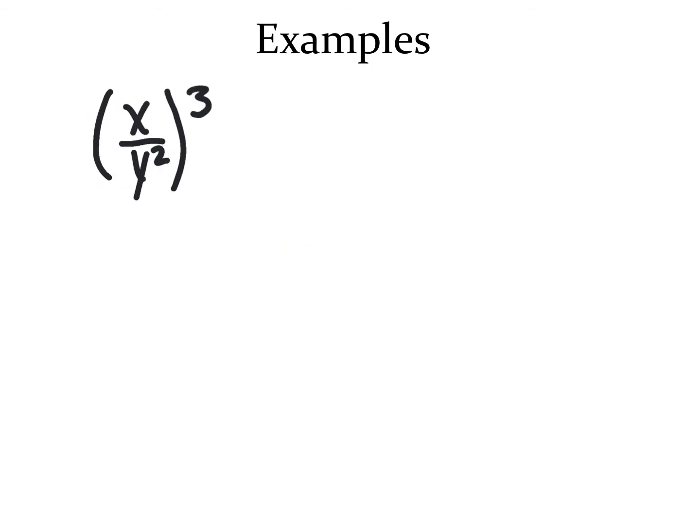Now if I follow the same process for the next example, I'm raising both these terms to the third power. So I multiply the 3 to the x and the 3 to the y squared. If I take my numerator of x, I can rewrite this as x, now being raised to the third power.